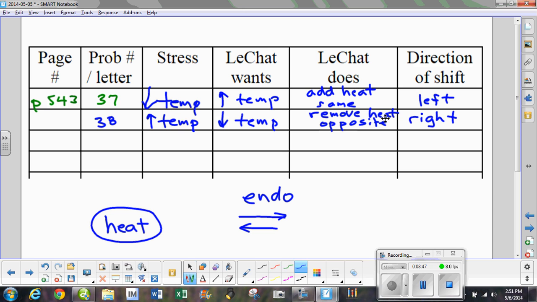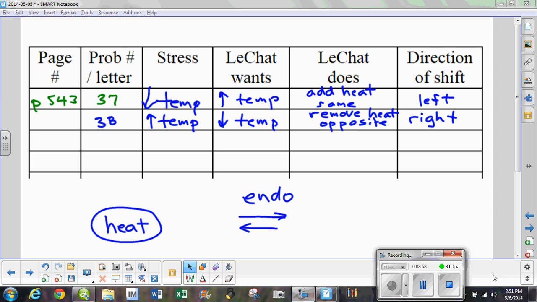See, the one just before, okay, sorry about that. So the one before, this last guy, no, I don't want to delete. Right here, this guy shifted left because it was same, and the last reaction was what? Exo or endo? It was endo. Okay, so we had two endothermic reactions.